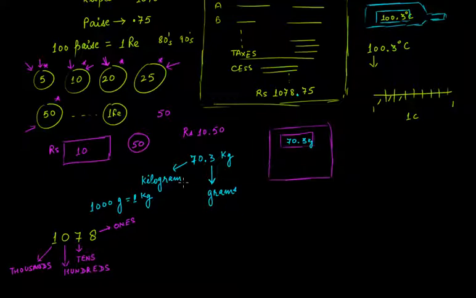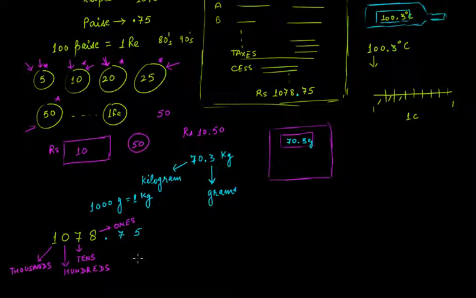So in the same way that these digits are placed at certain number places or place values, this 0.75 should also have some place value, and yes, they do.